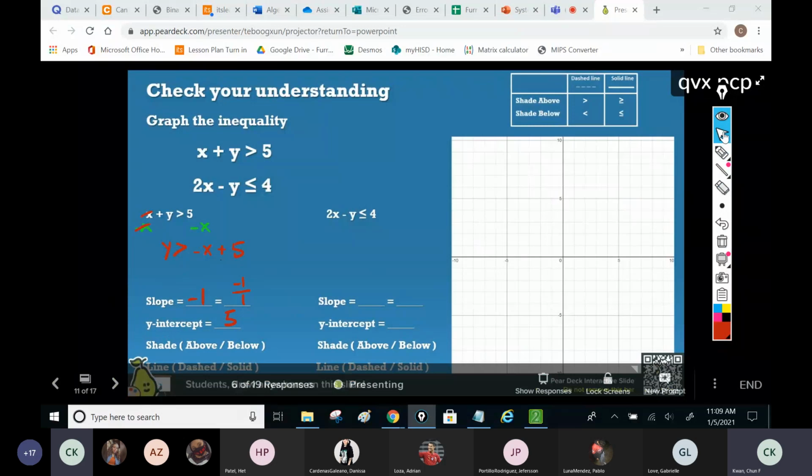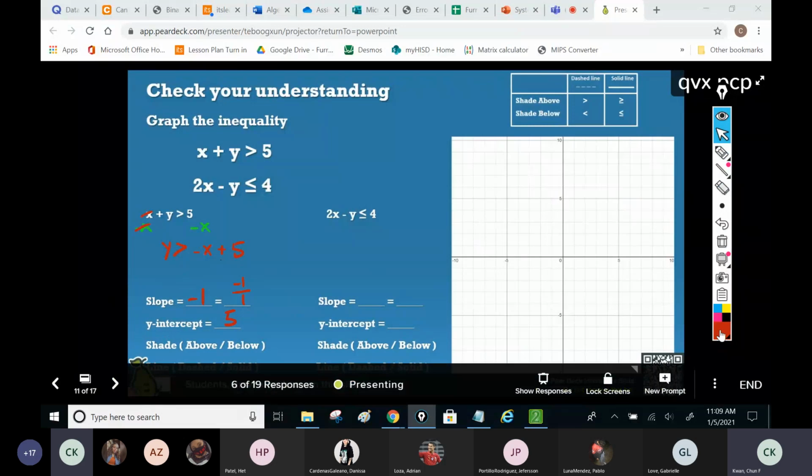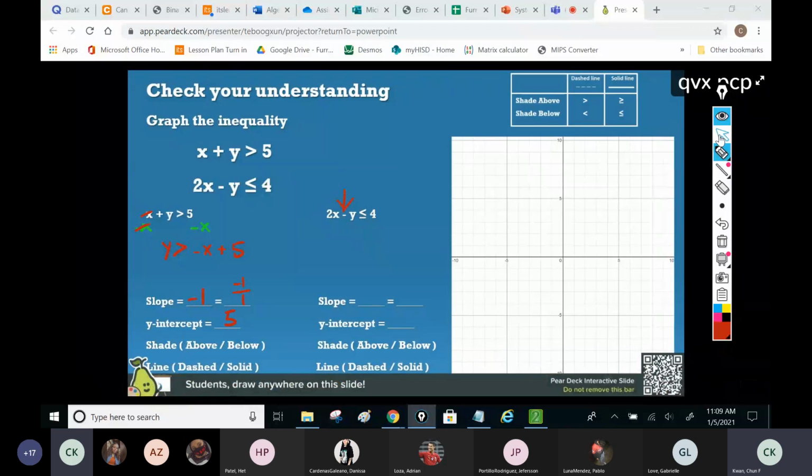So you got to do the same thing on the second one. And the second one is even more tricky because there is a minus sign in front of the y right here. So you got to be very careful.